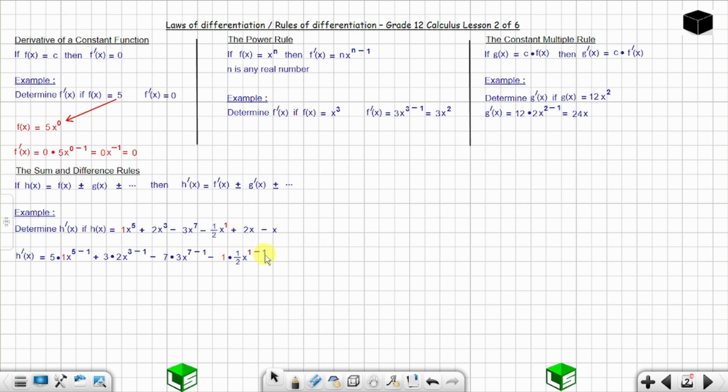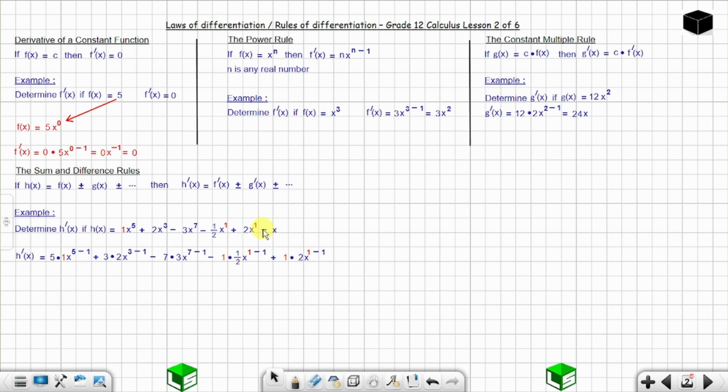We carry on. You have plus. You have the invisible exponent of 1, right? So you have 1 times 2. 1 is your exponent and 2 is your coefficient. So you have x to the power of 1 minus 1. You subtract 1 from the exponent.